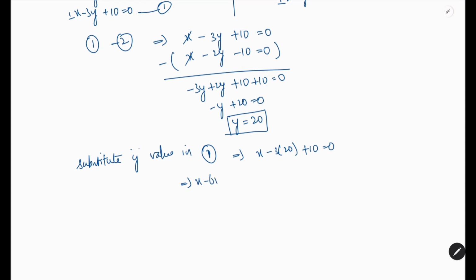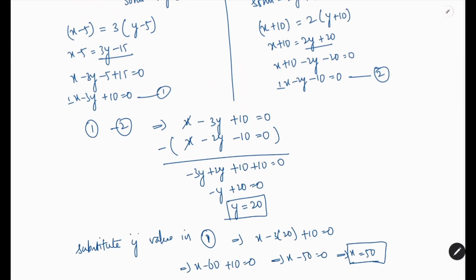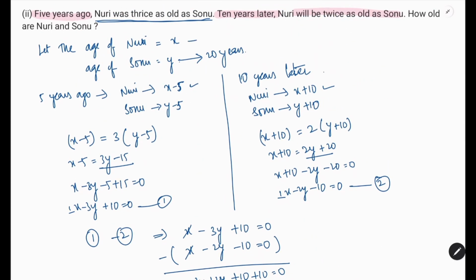Here x minus 60 plus 10 equal to 0. Here x minus 50 equal to 0. x equal to 50 years. So the age of Noori is 50 years. Now we can verify them.